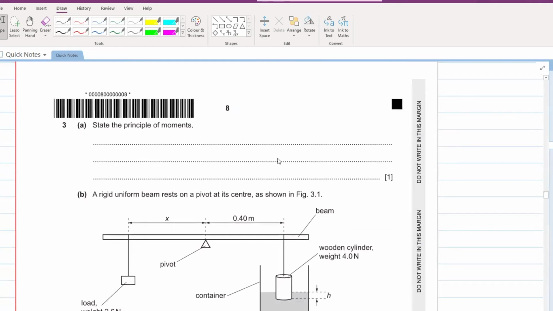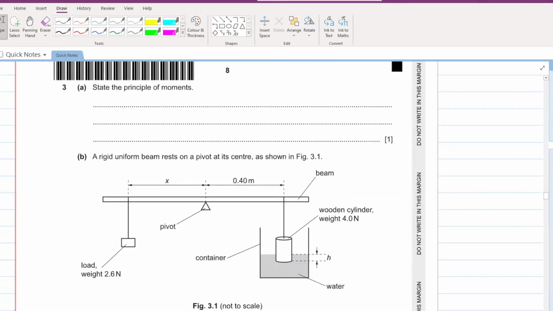Clear, let's go. State the principle of moments. What does the principle of moments state? The sum of clockwise moments equals the sum of anti-clockwise moments for an object in equilibrium.